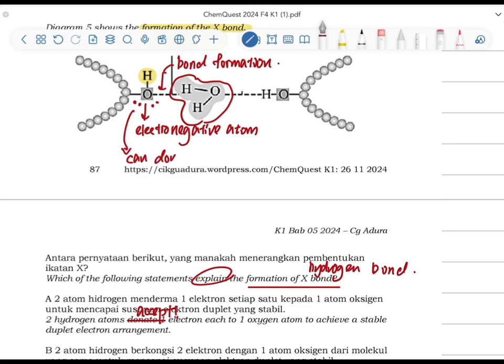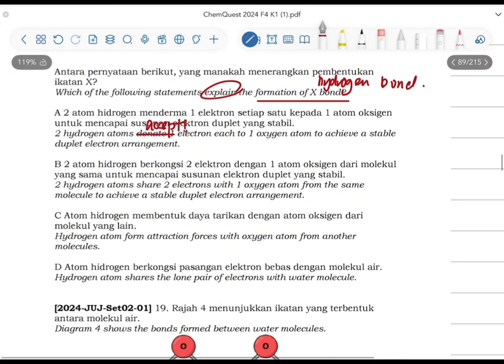B, two hydrogen atoms share two electrons with one oxygen atom. It is not sharing either, and it is not from the same molecule. It is from another water molecule.